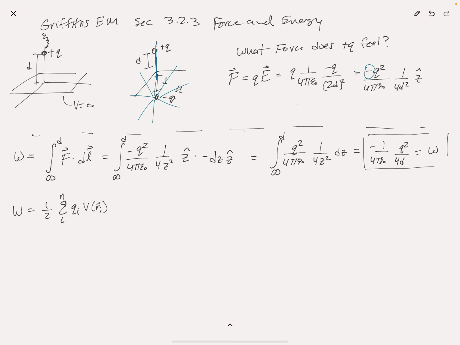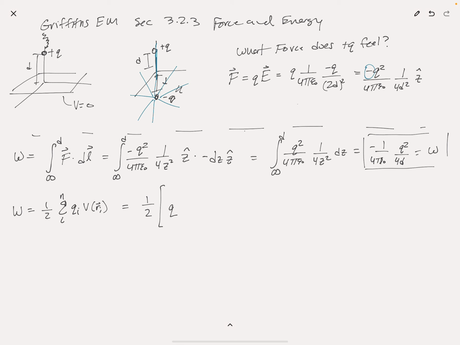Okay, let's try that. I have two components of my sum. The first is the top, the real charge, so that's a charge q.